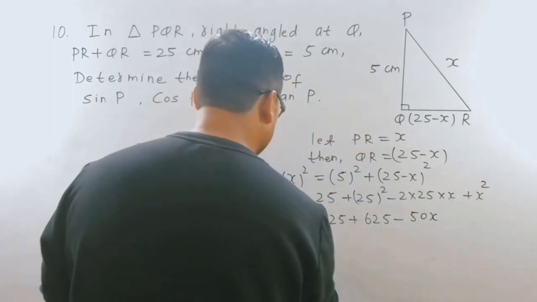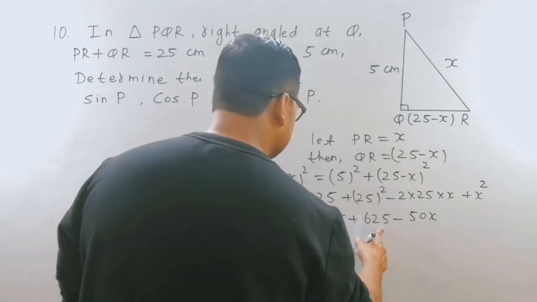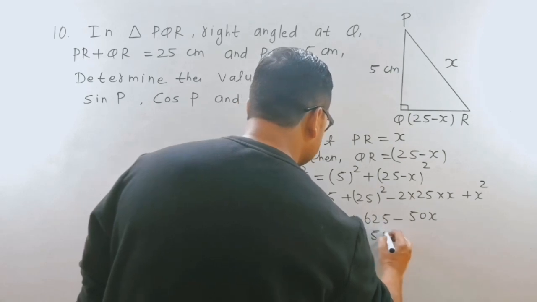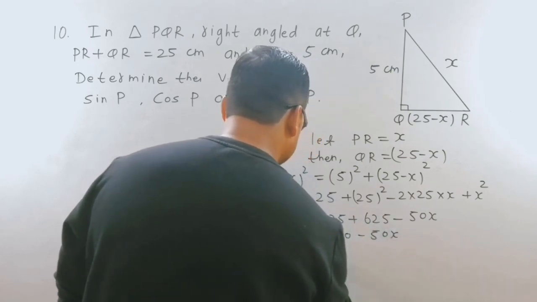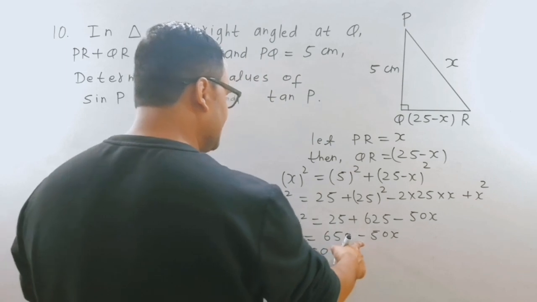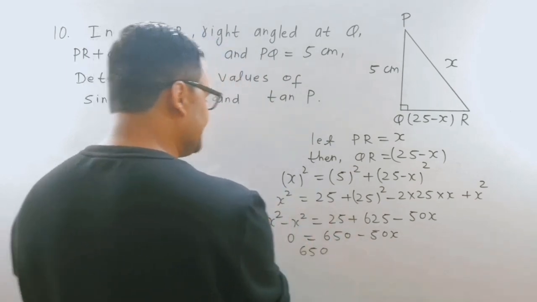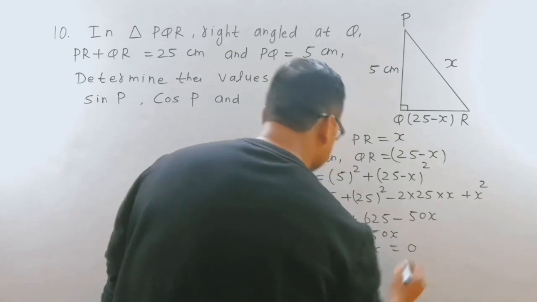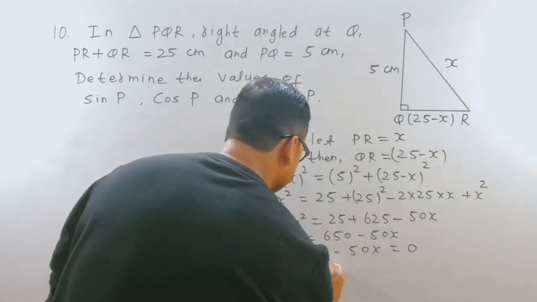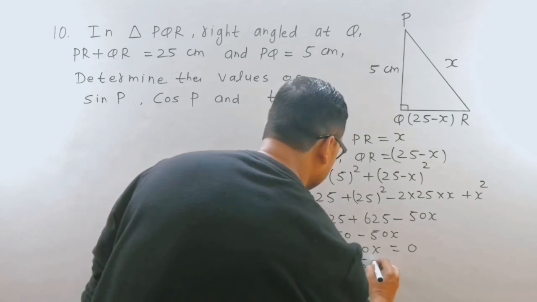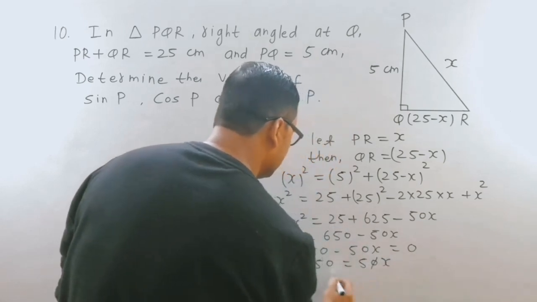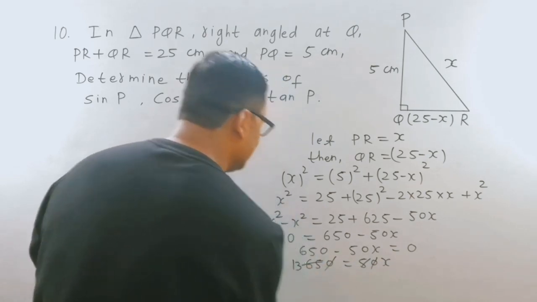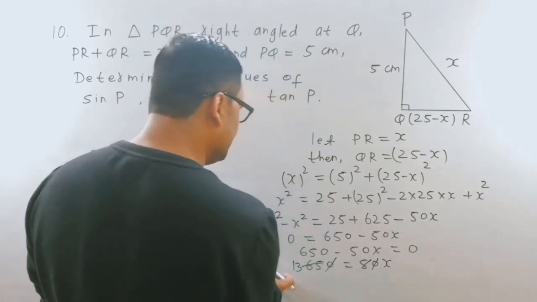Now x square minus x square 0, 625 plus 25, 650 minus 50x. We can also write it as 650 minus 50x equal to 0. Now 650 equal 50x. 0, 0 got cancelled and 5 how many times? 13s are. It means we got x equal 13.